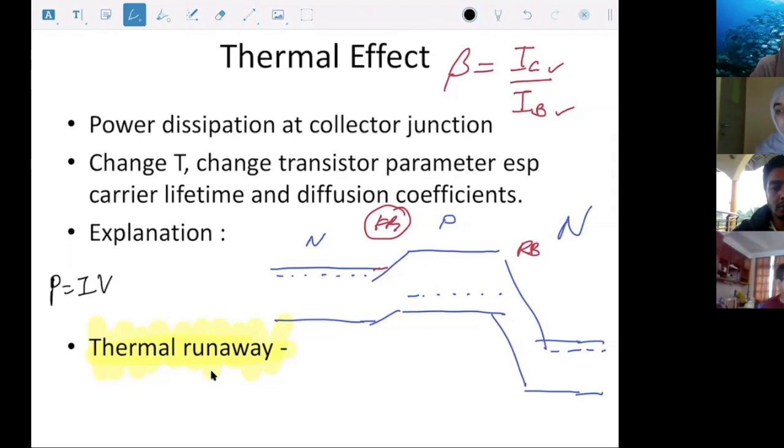This lattice scattering will become worse due to high kinetic energy, because when you increase the temperature, the lattice will vibrate more, right? Therefore lattice scattering collisions will increase. So it reduces the conductivity and hence it's supposed to reduce the current.